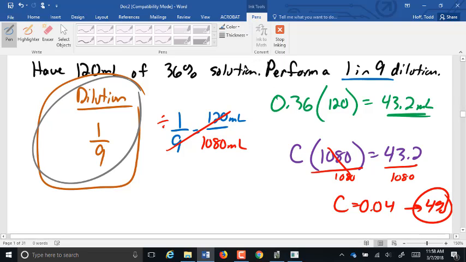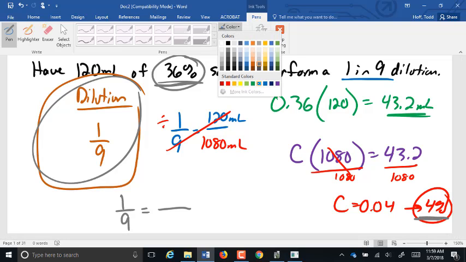Now let's go back here to our original dilution. We had a 1 in 9 dilution. The concentrated percent was 36%. The diluted percent was 4%.